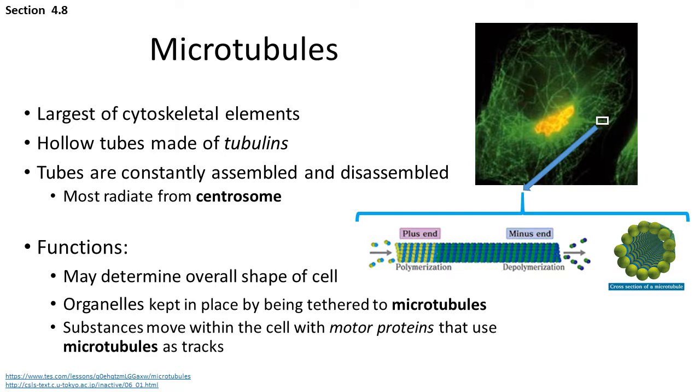And they also keep organelles in place, because the organelles are tethered to the microtubules, which holds them in place within the cell. And substances can use these microtubules as tracks, with motor proteins that use microtubules as tracks.